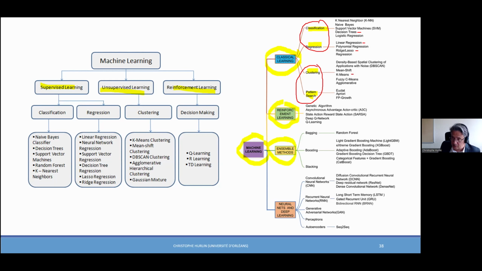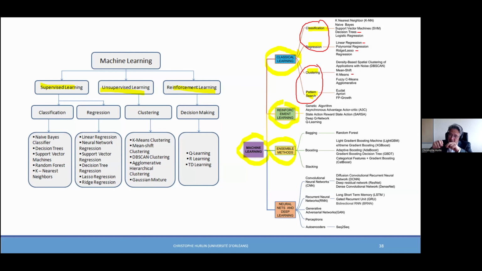What is an ensemble method? It is a way to aggregate individual classifiers. So I have, for instance, a regression, and in an ensemble method I will aggregate several models to make a better forecast. In general, it is not a regression model that we aggregate, but we will see that.